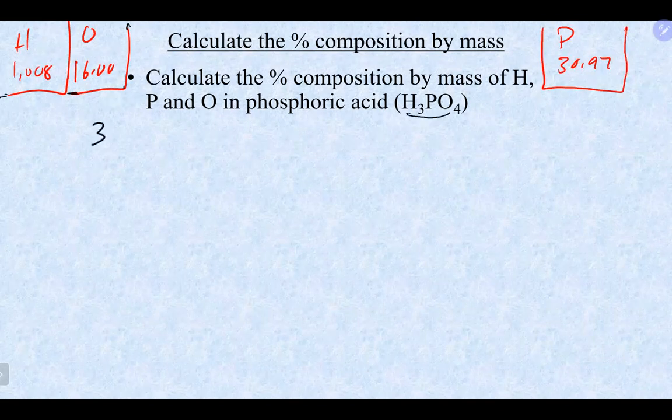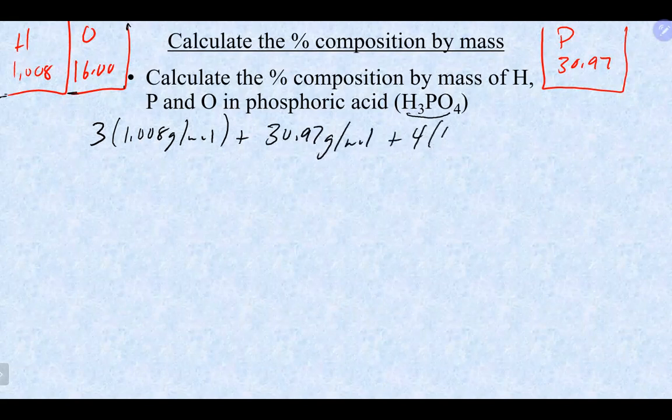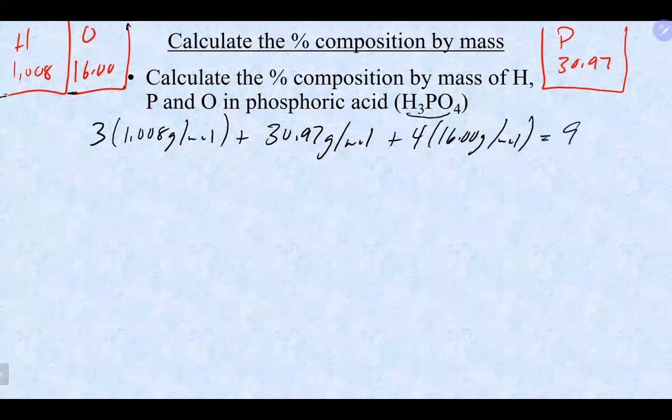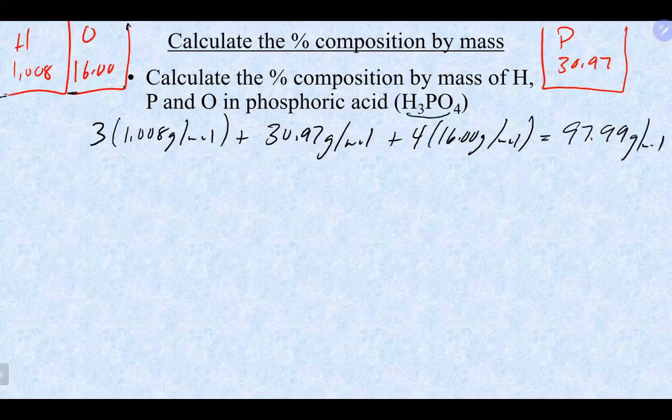For the compound, that is 3 times 1.008 for our hydrogens, added to 30.97 for our phosphorus, and 4 times 16 for our oxygens, giving us a molar mass of, I think, 97.99 grams per mole, I hope. Any questions on that there?